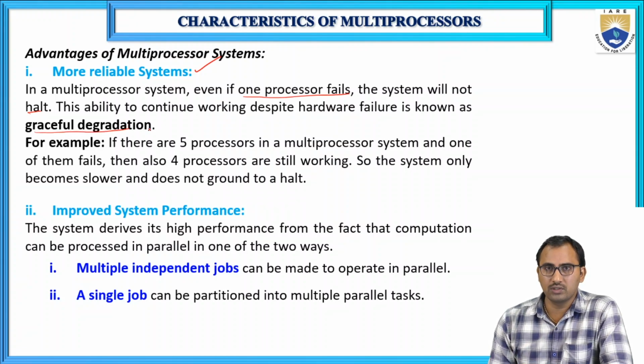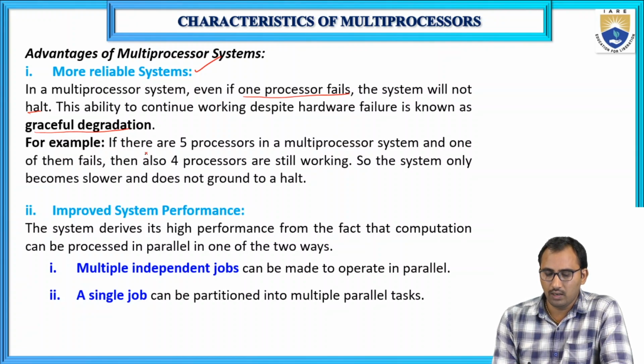In a multiprocessor system, as we know, multiple CPUs are there. Even if one CPU fails, the other CPUs will fulfill the task of the failed CPU, so that finally the entire system will run without halt. Okay.